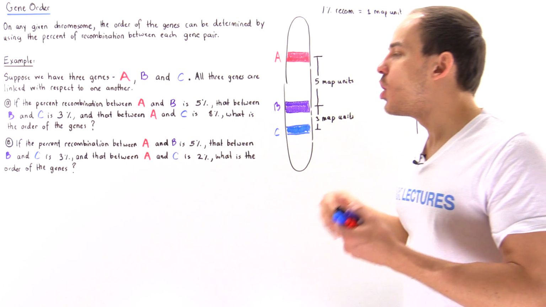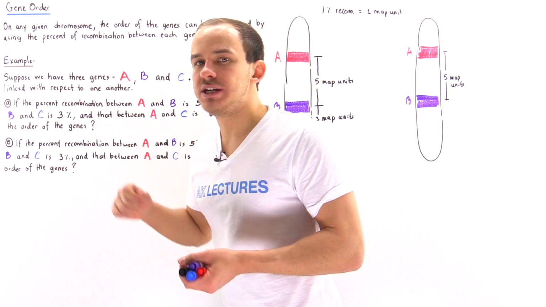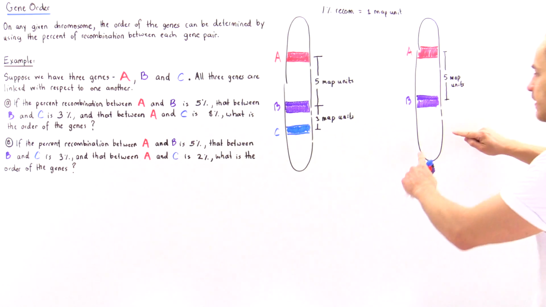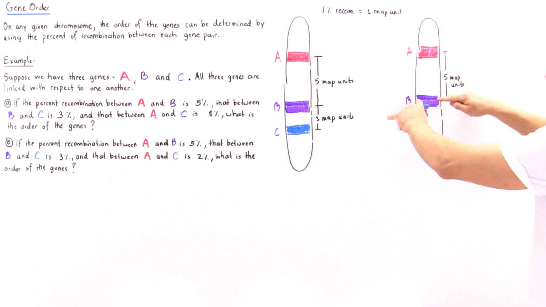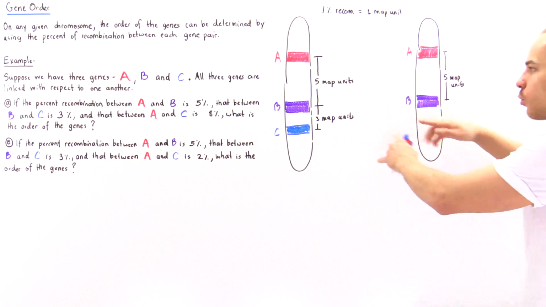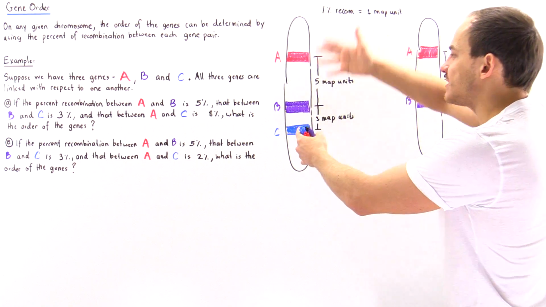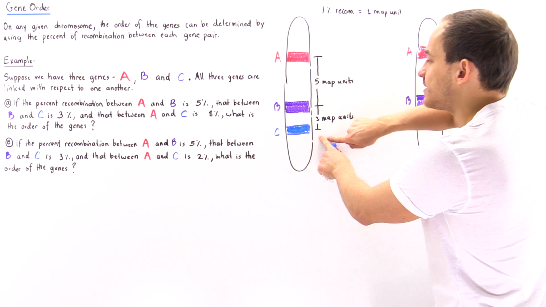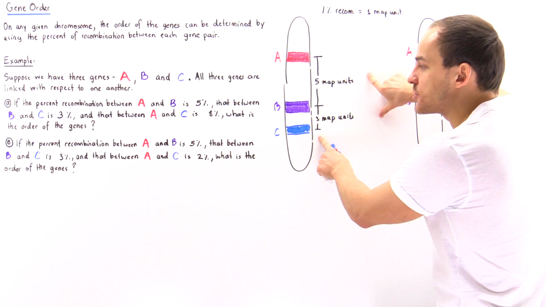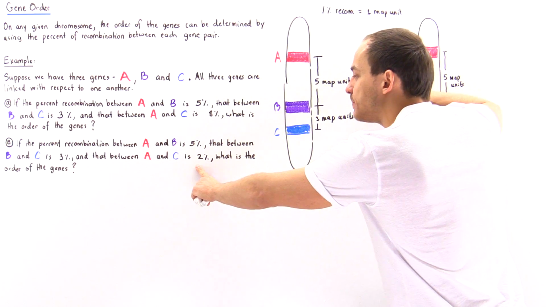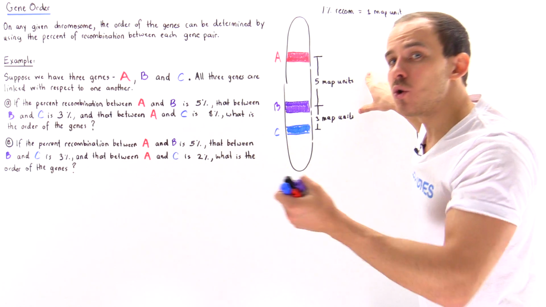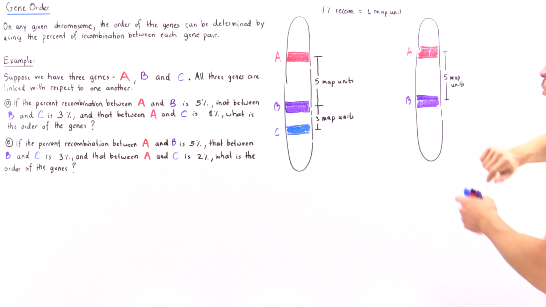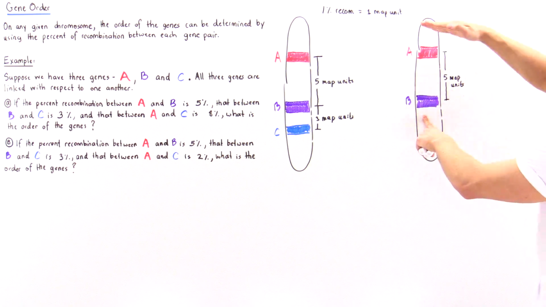So the question is, where do we place the final gene C? If we place the gene here, 3 units below B, we're going to get the same arrangement as in this case, and that doesn't work because the distance between A and C is 8 map units, but we want it to be 2 map units. So the only other location we can place C with respect to B is above B.